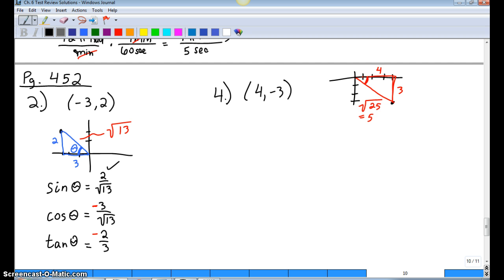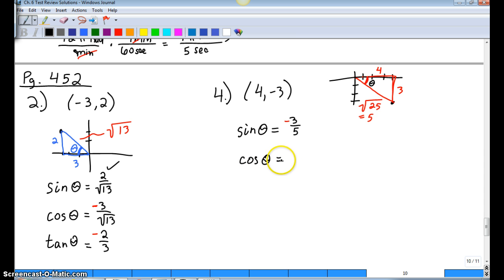So quadrant 4, sine theta, again this being theta, that reference angle, sine theta is 3/5, but because we're in quadrant 4, that's negative.